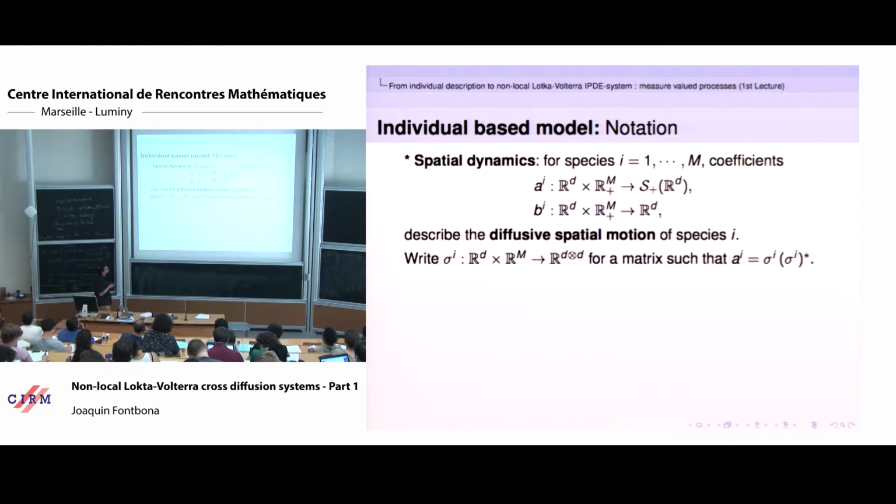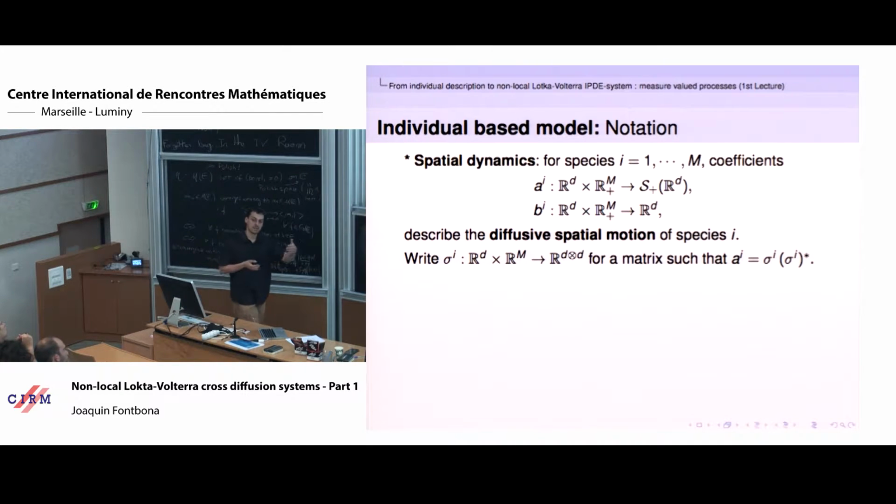So I will be dealing with a symmetric non-negative definite matrix, which I can evaluate at a point where the individual is, and this is a vector of positive real numbers. This vector will be associated to the density of each of the species.